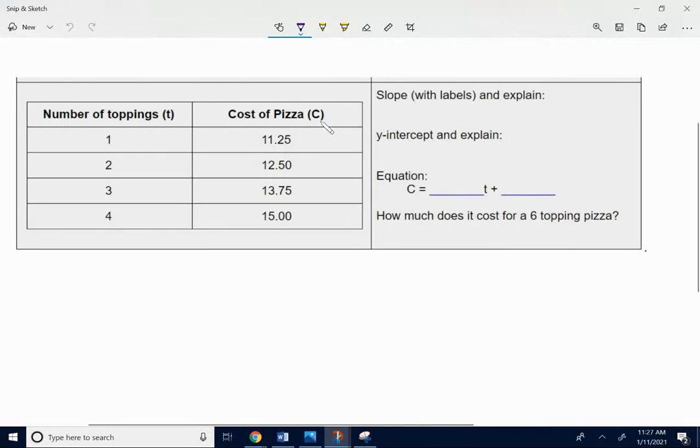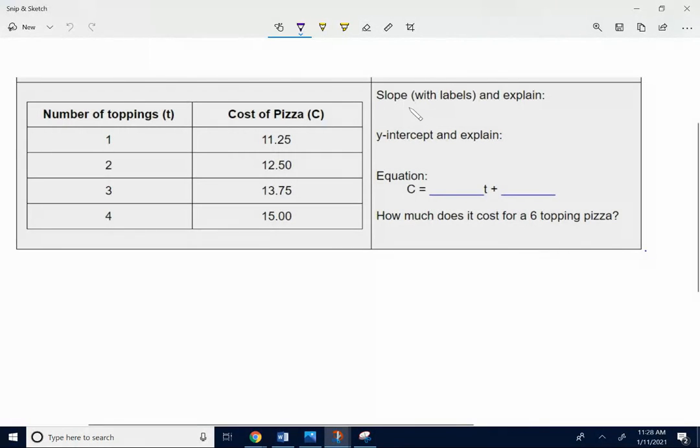Instead of using the letter y, they wanted you to use a capital C for cost. Instead of using x, they wanted you to use the letter T because toppings starts with T. We do that quite a bit: instead of using x and y, we use different variables.